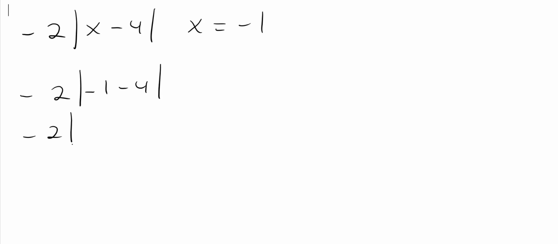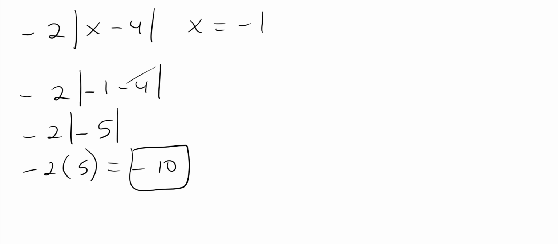So negative 1 minus 4 is negative 5, because you add them together and you use the sign of the bigger number, which is negative. Okay, now I take the absolute value, so negative 2 times 5, and then I do outside operations. So negative 2 times 5 is negative 10. Okay, not bad.